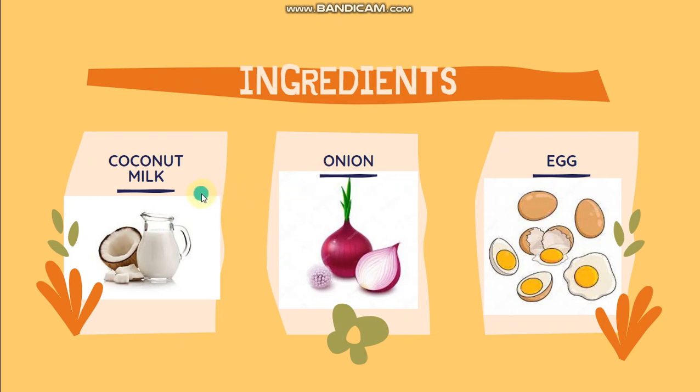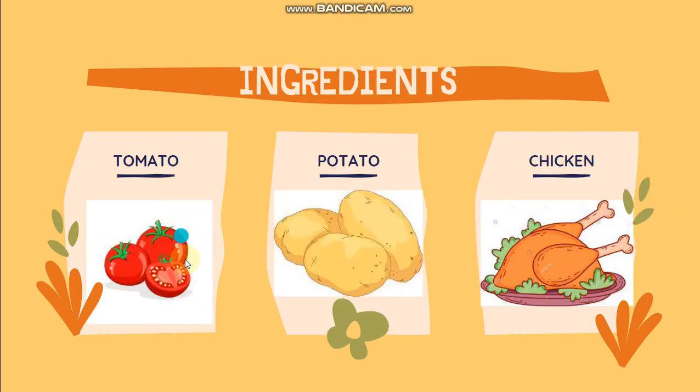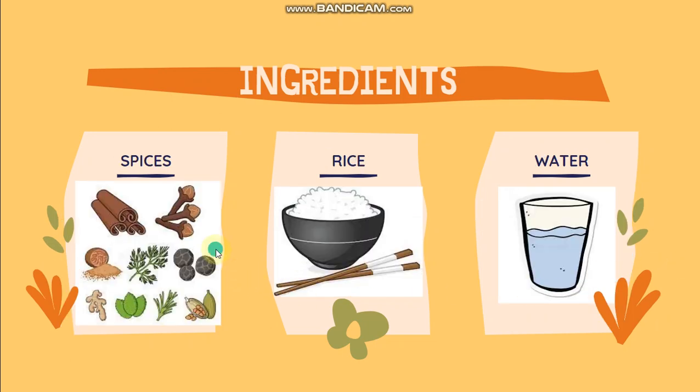First one, coconut milk, onion, egg, tomato, potato, chicken, spices. Do you know what spices is? Here we have all the spices that we usually use. And then we have rice, and last but not least, water.